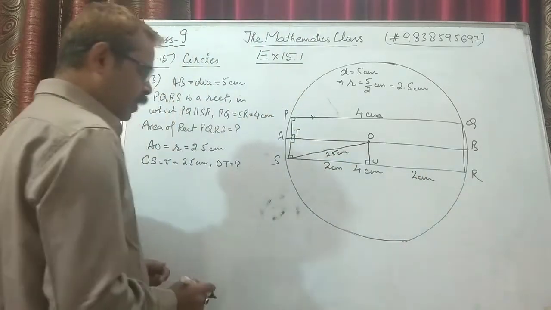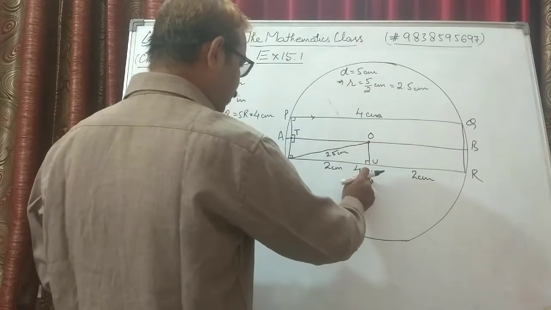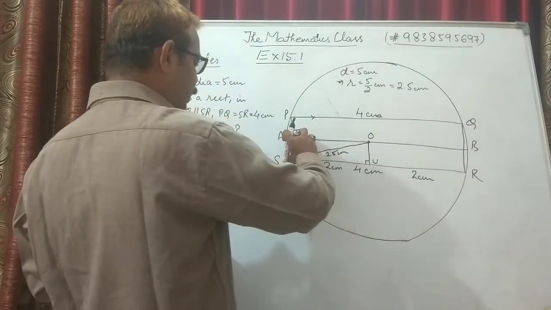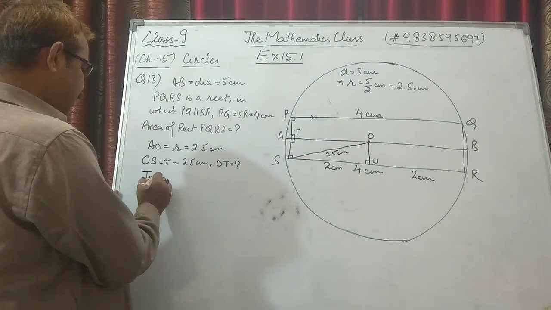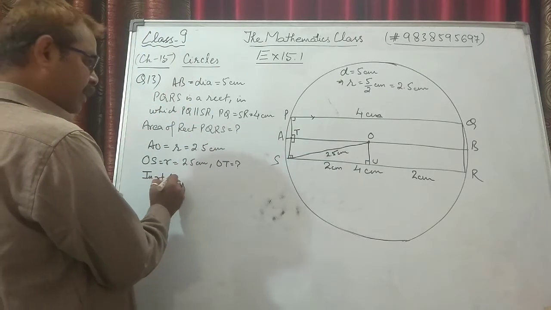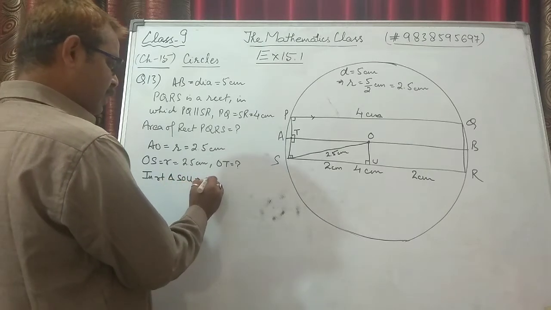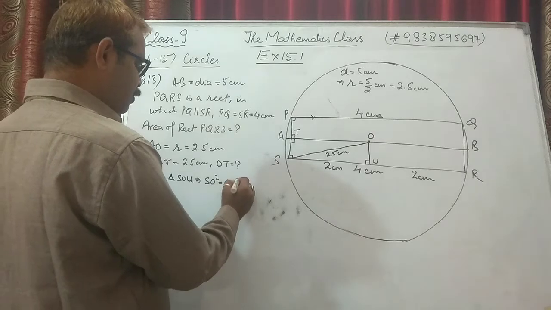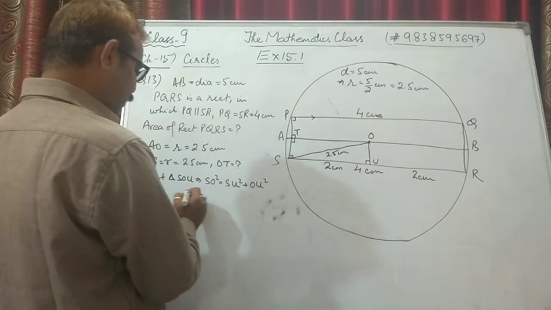Now if we consider triangle SOU, this is the right triangle, we will get the value of OU, and OU will be equal to TS. So we can say in right triangle SOU, SO square is equal to SU square plus OU square.